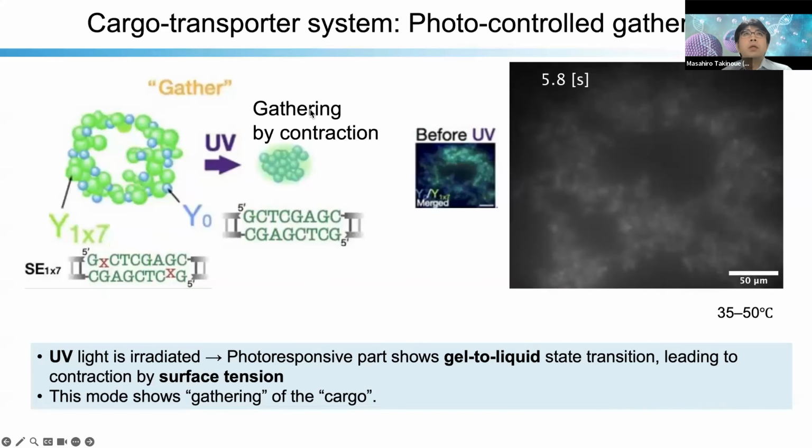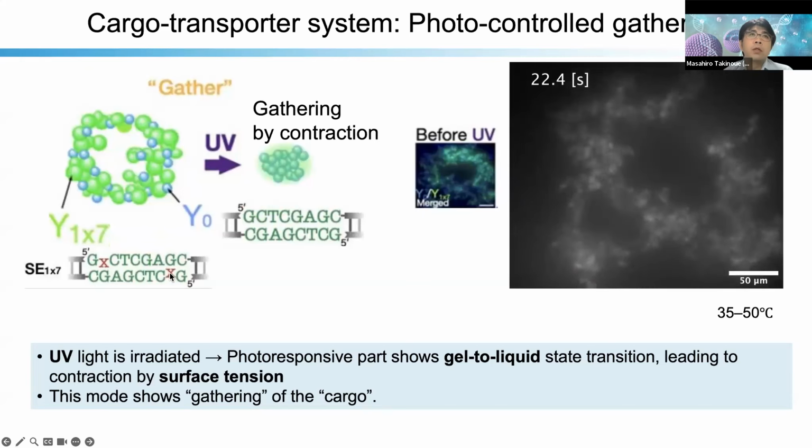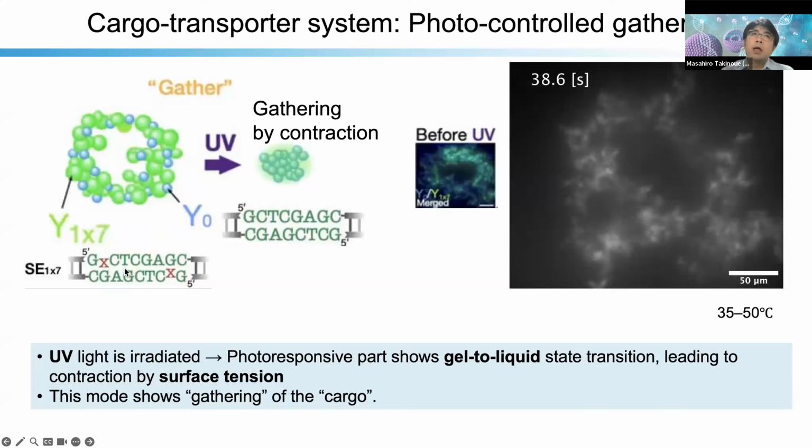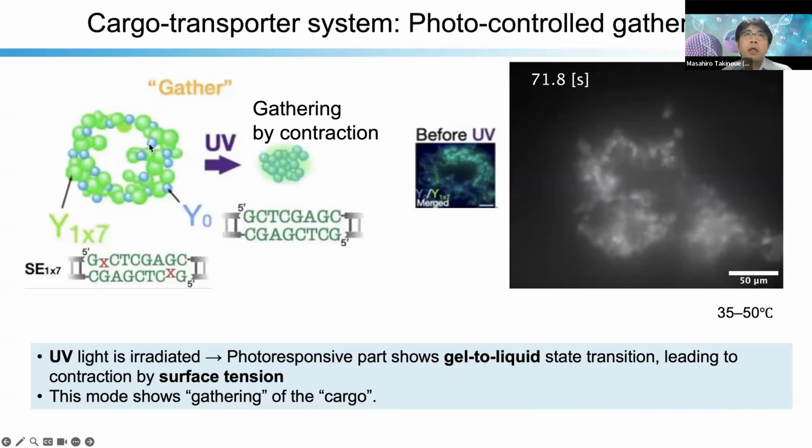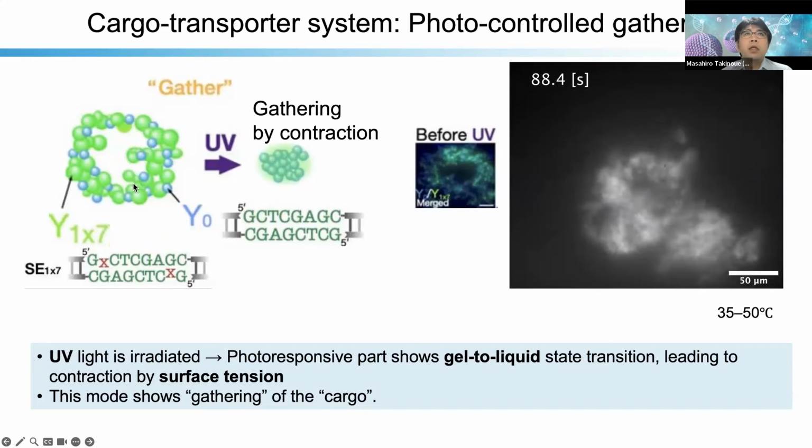So this is one of the results. When we introduce azobenzene at this position, the stability is not so destabilized actually. So the original state is a DNA hydrogel state, and by the irradiation of the UV, the green DNA hydrogel turns to the liquid phase.